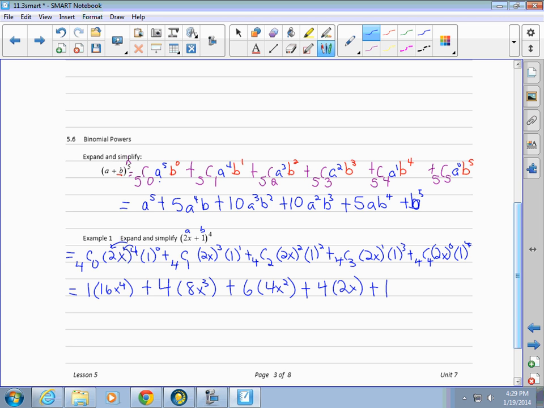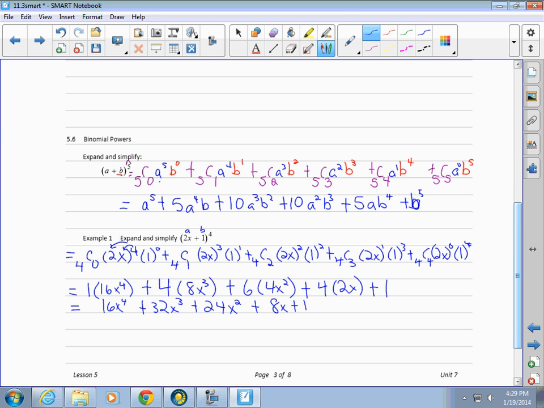Now if I finish my simplifying, this is 16x to the 4 plus 32x cubed plus 24x squared plus 8x plus 1.